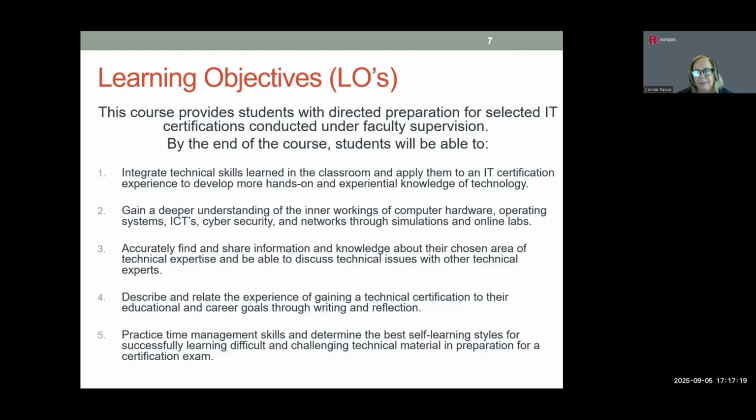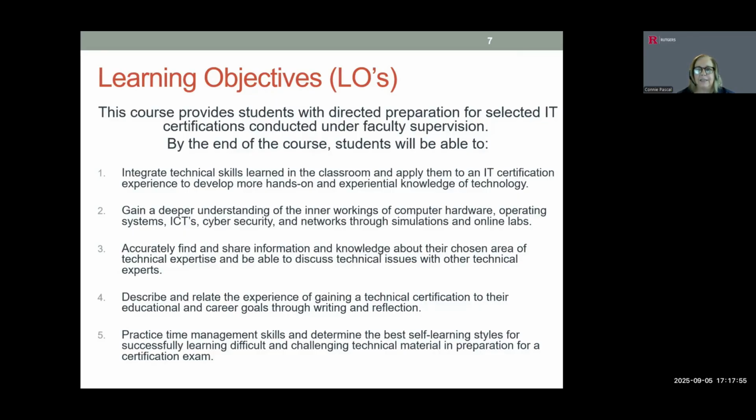Here are our learning objectives. Mainly the learning objective, as I mentioned before, is to give you the opportunity to get hands-on, practical, problem-based experience, or experience solving actual problems that people have in the actual organizational workplace. The other thing that's really important about this class is that it will also help you to develop very good time management skills, as well as better understand how you learn and how you self-learn in particular.